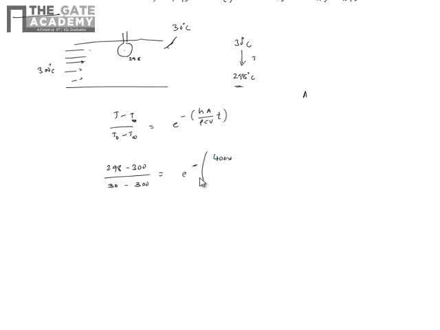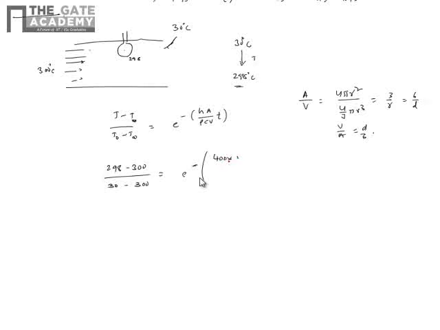Now A by V: because it's spherical, A is the surface area, 4 pi r square, and volume is 4 by 3 pi r cube, so this is 3 by r, which is nothing but 6 by d. So V by A is d by 6.